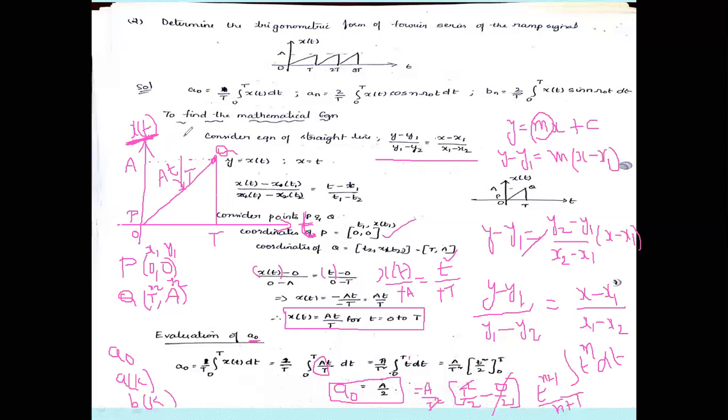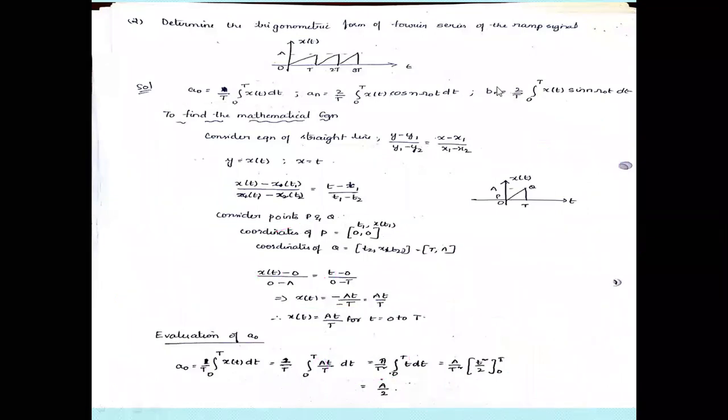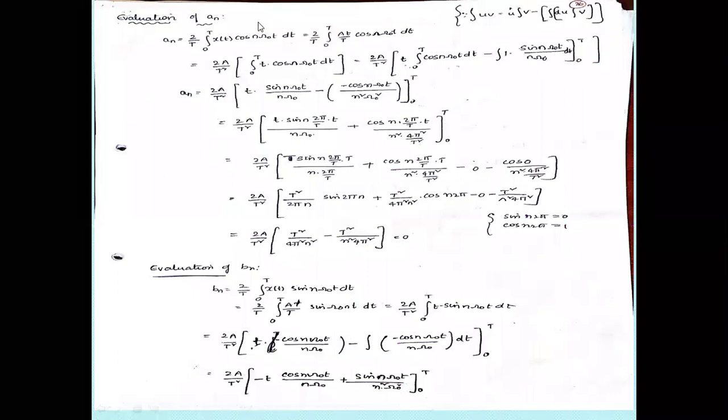The remaining functions, the an and the bn, let us see. What is the an? An is equal to, we have the formula, 2 by T integral of x of t and cos n omega naught t dt.